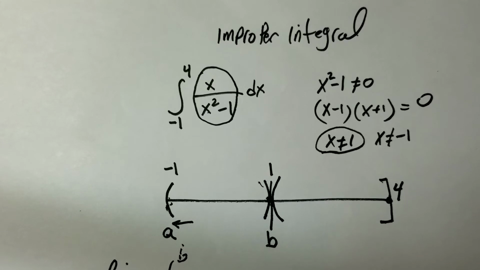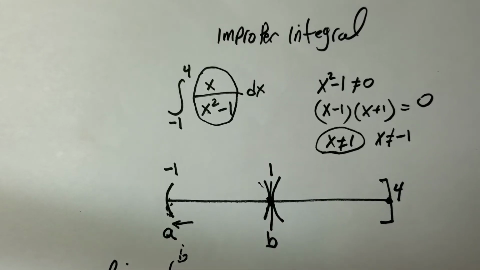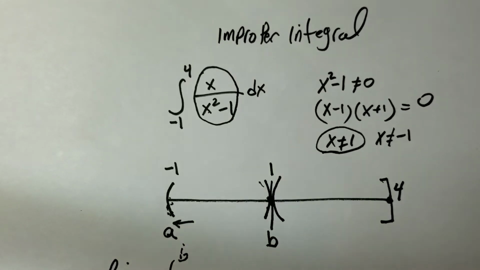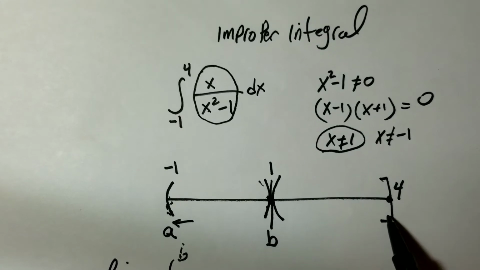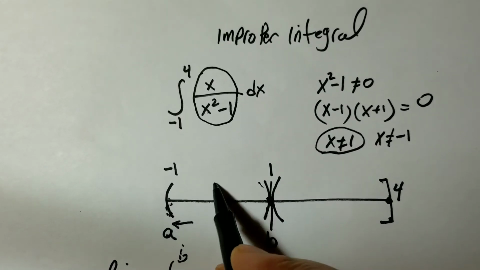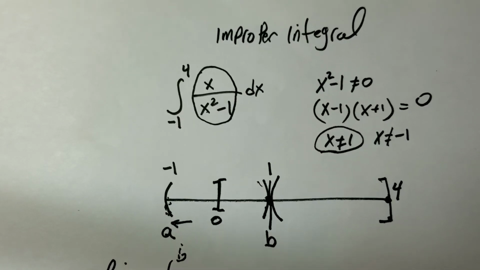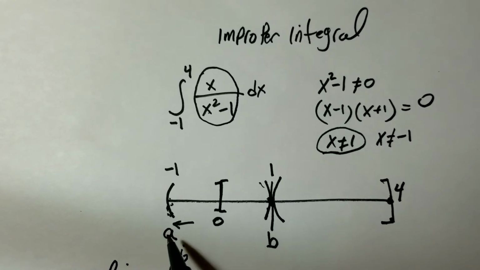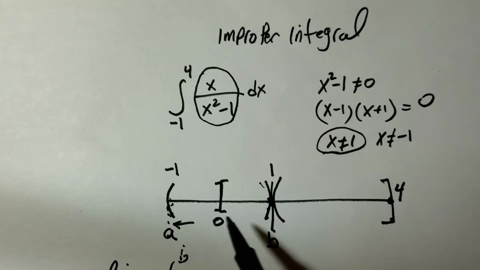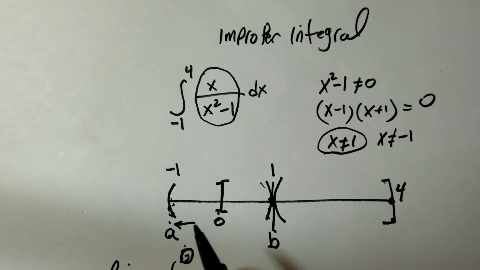Therefore, I have no choice but to go between a and b, pick an easy number which can be assigned to that domain, and I can use a bracket in there. And between negative 1 and 1, the easiest number is 0.